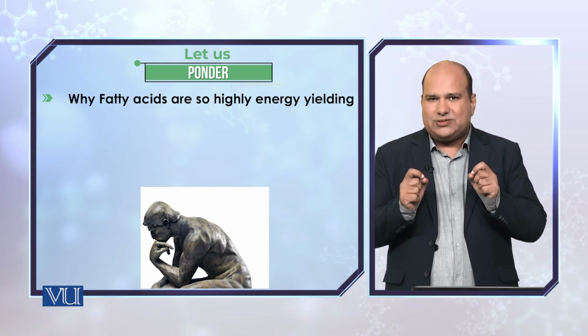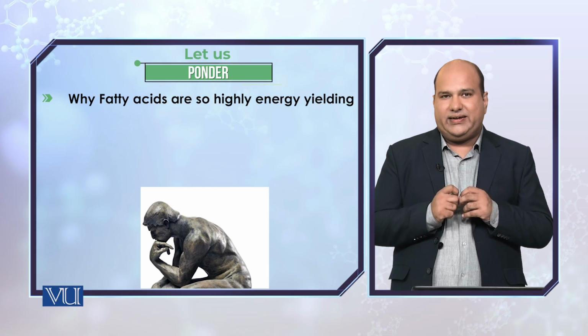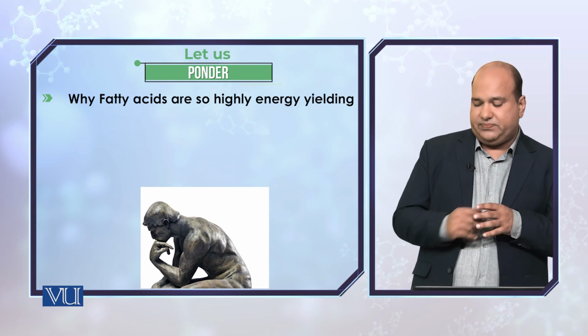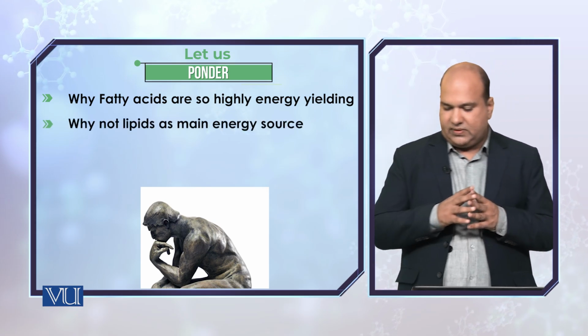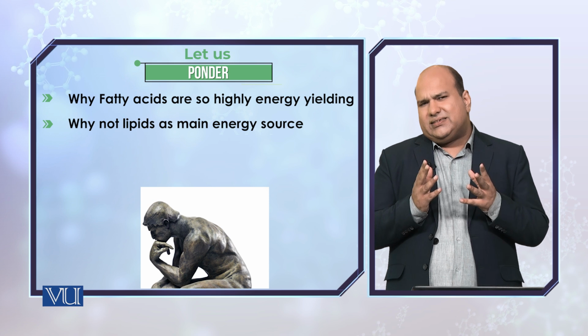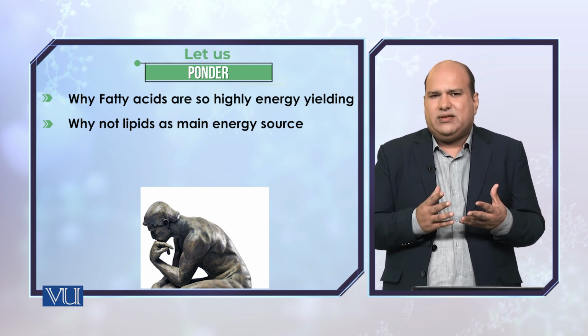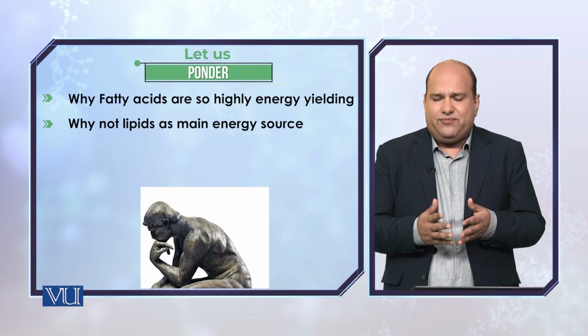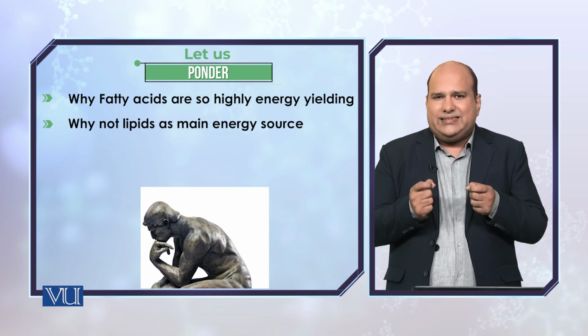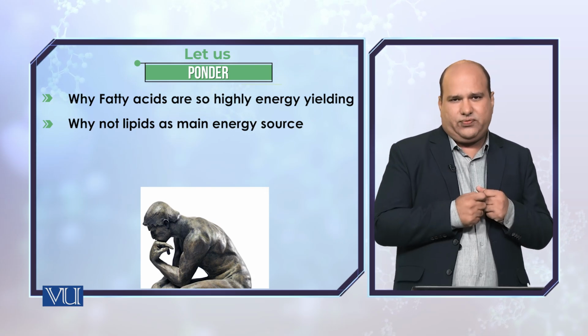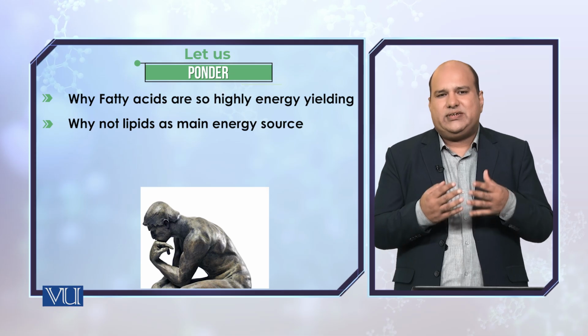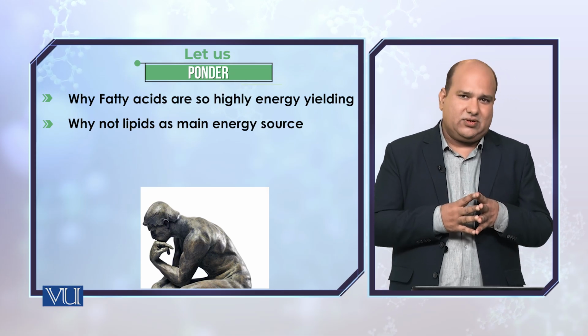So what is so special in the fatty acids that they give so much energy? If they are giving so much energy, then why are lipids, or specifically the fatty acids, not the major source of energy? Why is it most of the time glucose which acts as the major source of energy?